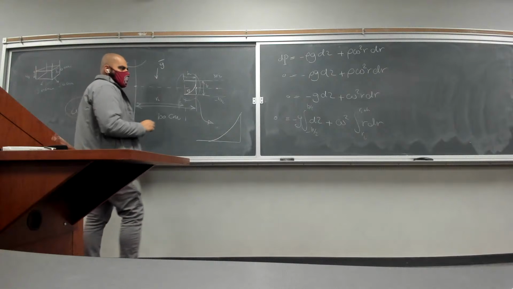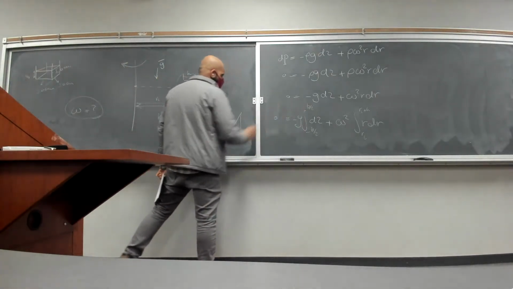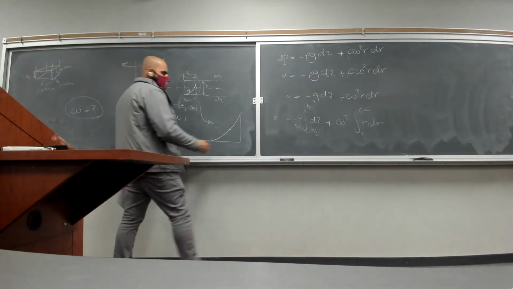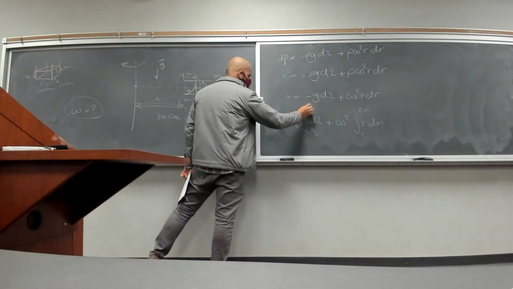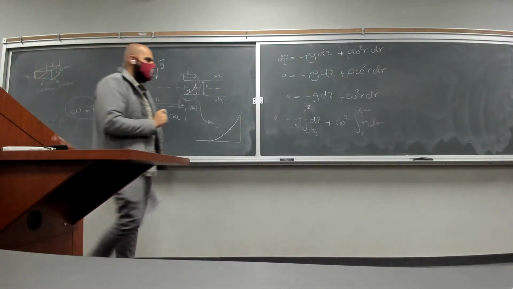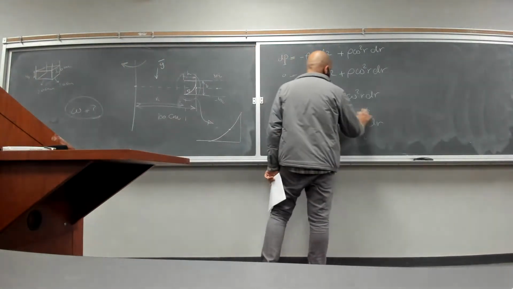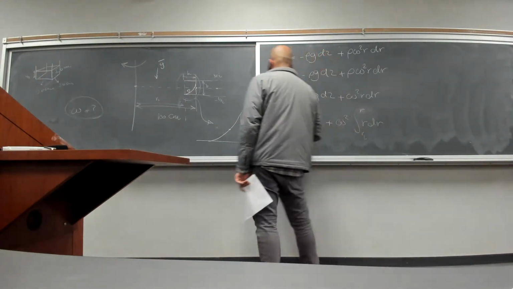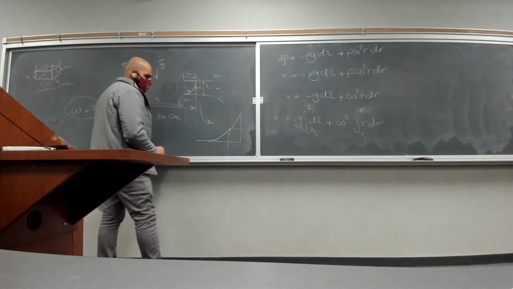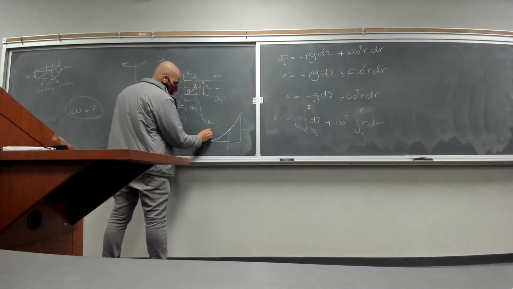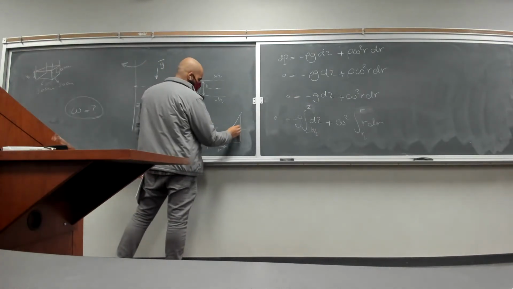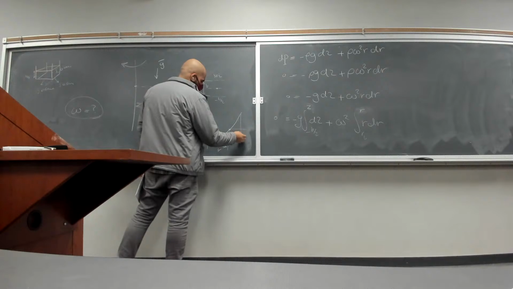Instead of taking the integral from negative b over 2 to b over 2, we are going to take the integral from negative b over 2 to a random location z to find the equation of that line, and from R of L to a random location R. So this is going to be your R, and this is going to be your Z.